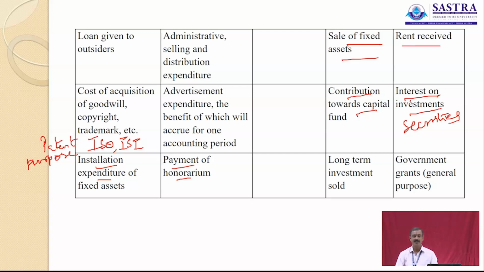The long-term investment sold, and the funds generated from the sale of long-term investment, is known as the capital receipt. The government grants for general purpose, for which the activity is made and revenue is generated, will be known as the revenue receipt.